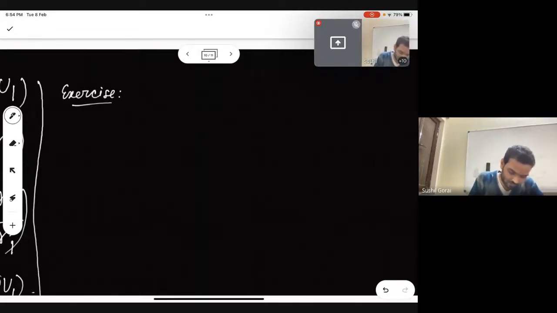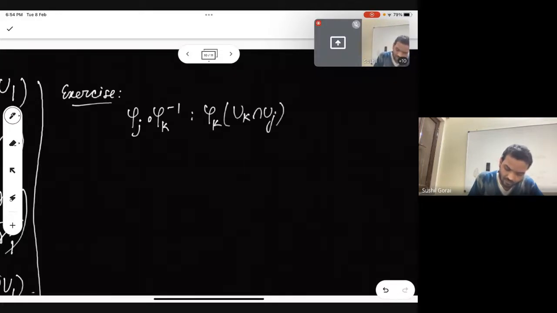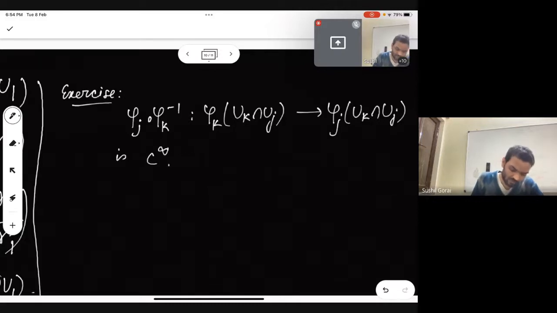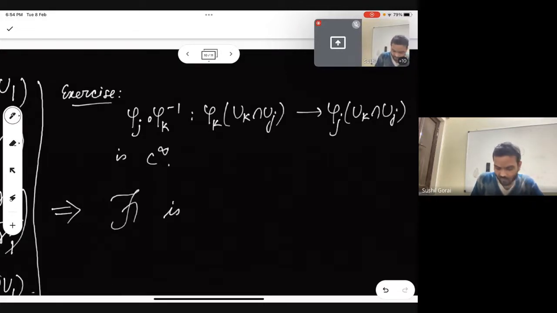So phi j compose phi k inverse from phi k of Uk intersection Uj to phi j of Uk intersection Uj is C infinity. All right. So this gives that F is an atlas on RPn, right?